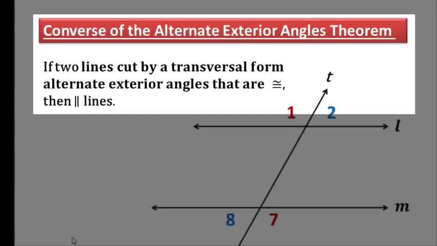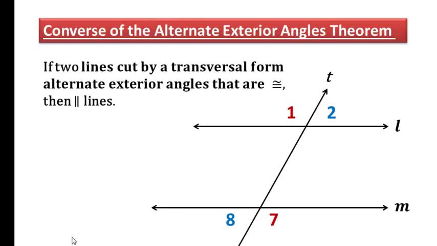And the converse of the alternate exterior angles theorem is similar. It says if two lines cut by a transversal form alternate exterior angles that are congruent, then we can conclude that we have parallel lines. So in this diagram here, if we're given that angle 1 is congruent to angle 7, and just to review, alternate exterior means that we have angles that are on opposite sides of the transversal, and they are on the exterior portion between these lines here.